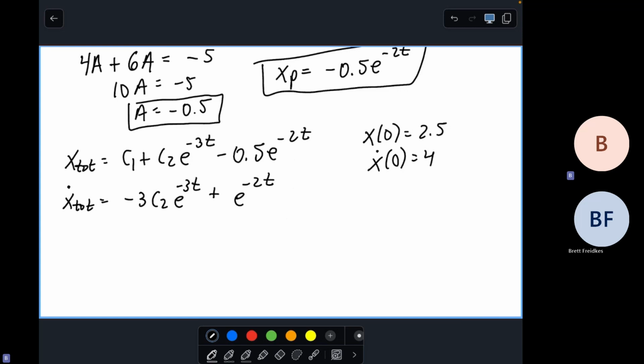So if we were to plug in 0 for t, that'll be negative 3C2 plus 1. We'll end up getting that C2 is a third, assuming I did that right.